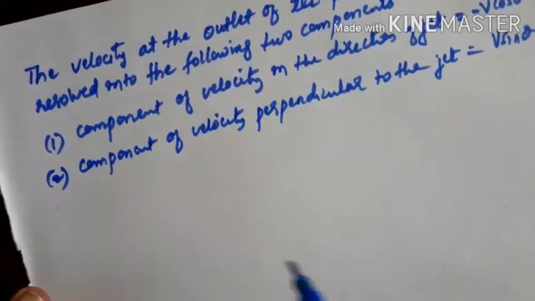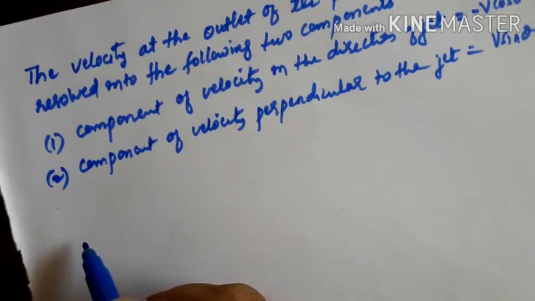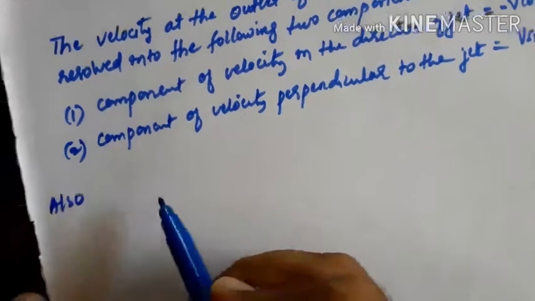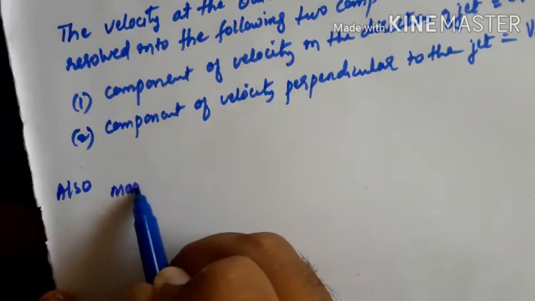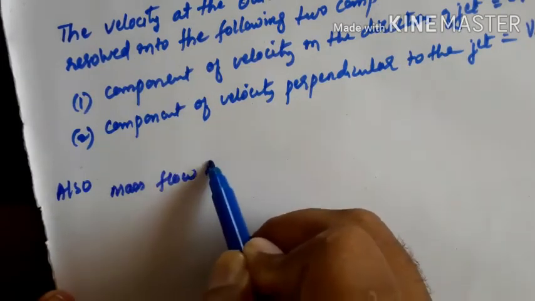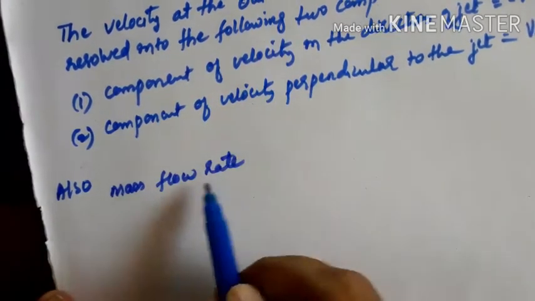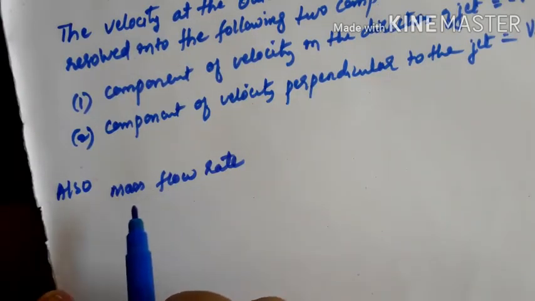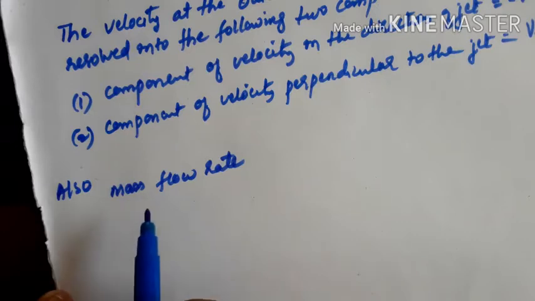Then we also need the mass flow rate of liquid striking the vane. This we already discussed, and I explained it in the previous lecture.